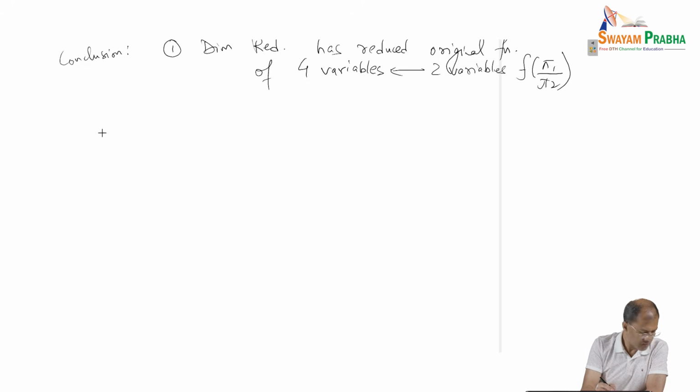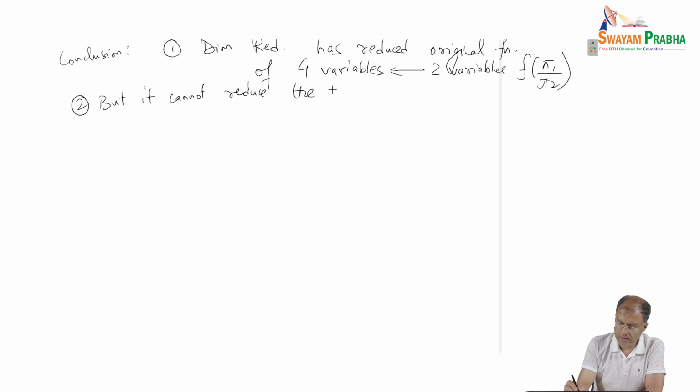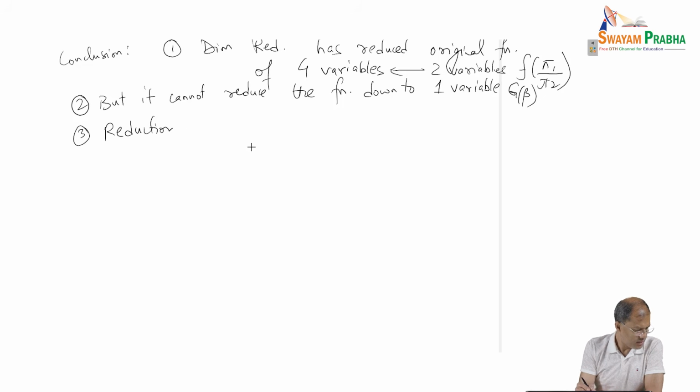Right? And the second point, but it cannot reduce the function down to one variable, such as the one given by Langevin-Epstein, such a one variable function such as g of beta. Right? It turns out that the reduction from 2 variables to 1 variable requires some knowledge about the inherent model of the system.